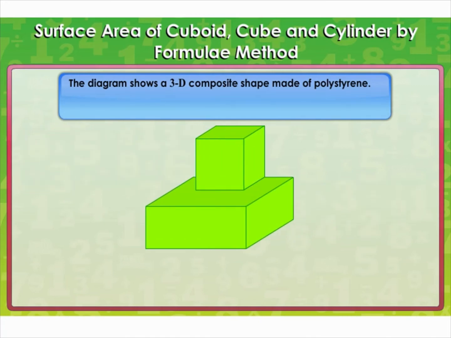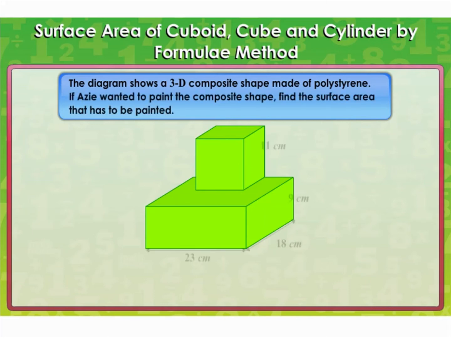The diagram shows a three-dimensional composite shape made of polystyrene. If Azzi wanted to paint the composite shape, find the surface area that has to be painted. First, she needs to find the surface area of the cube.